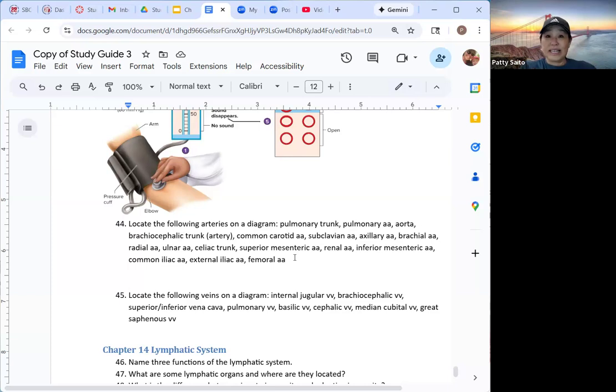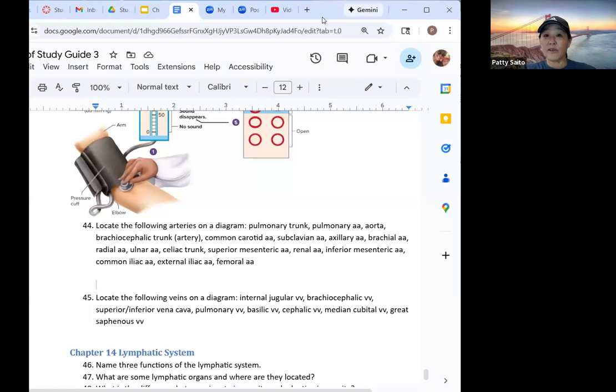And when you look at a cadaver, everything kind of looks the same. But if you remember that the name of the blood vessel is trying to tell you something, it's descriptive. It's going to tell you either where it's located, its region that you can find it in, or where that blood vessel is supplying blood to.